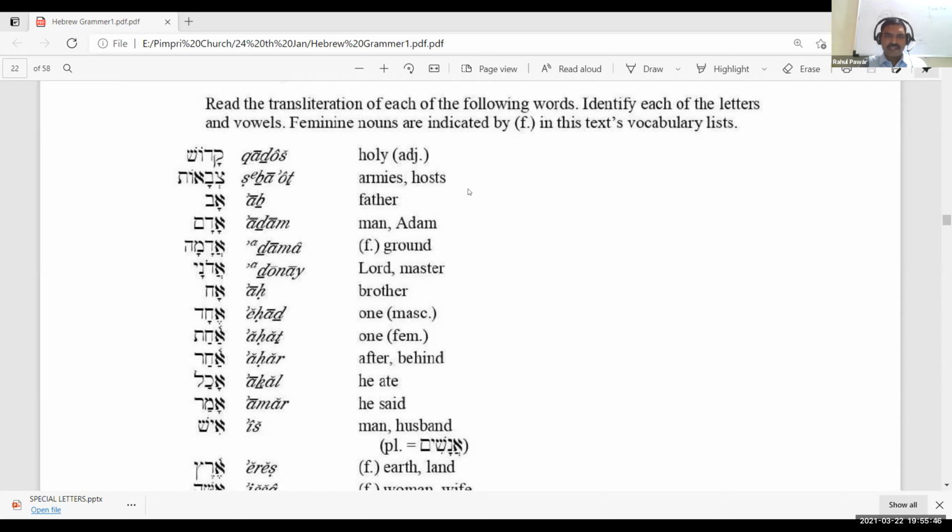We are going to take a test on the vocabularies. There are some quizzes on the vocabularies. So only concentrate on vowels and these vocabularies. That's it.